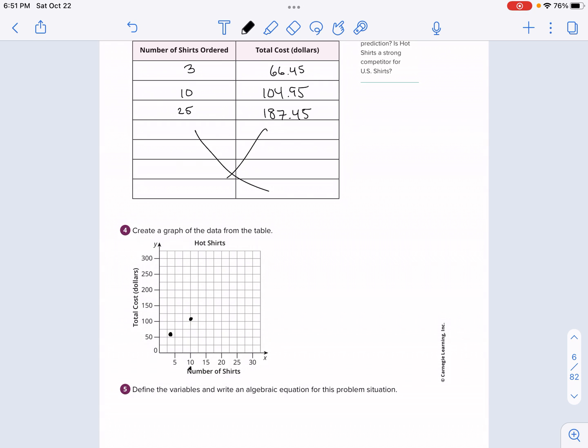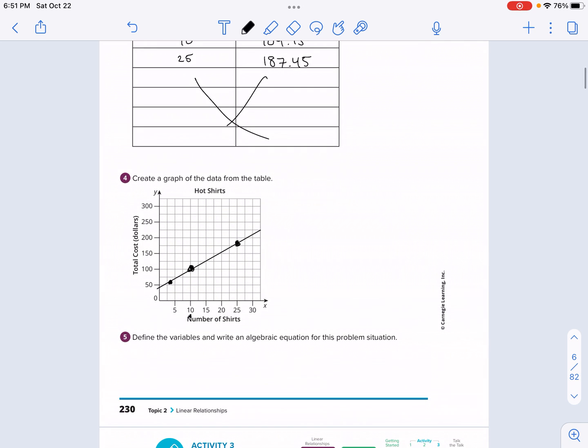We're going to ignore the rest of this. So 25, past 180, has to be somewhere right here. So this should be a straight line. I didn't quite draw my line exactly. I'll just make these dots a little bit more visible. All right, but we get a line that looks like this.